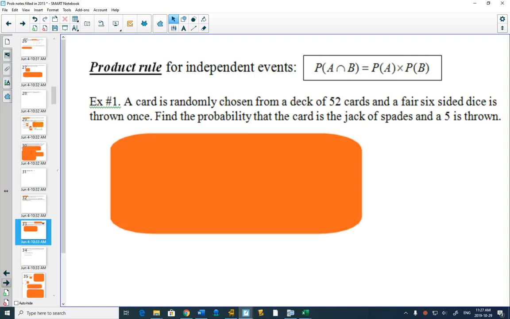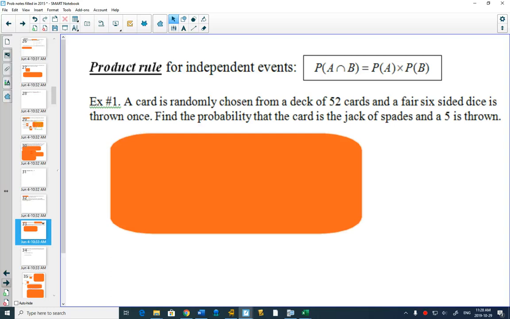Well, the heads probability is 1 out of 2. Getting the 4 is 1 out of 6. Doing them together would be 1 out of 12. Does that make sense? You got a 50% chance here, a 1 out of 6 chance here. Having them both happen is going to be a 1 out of 12 chance.